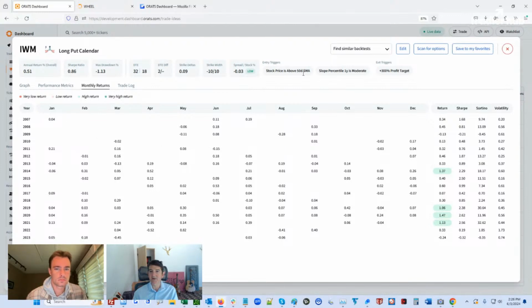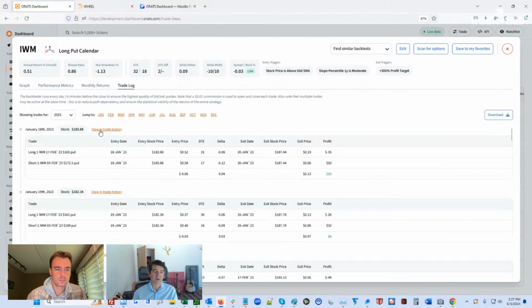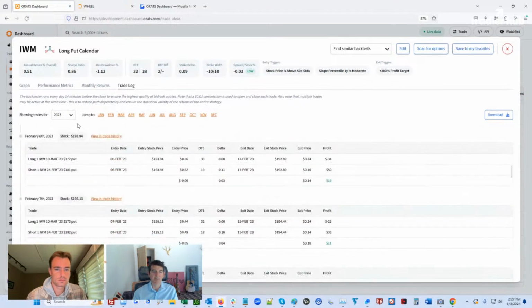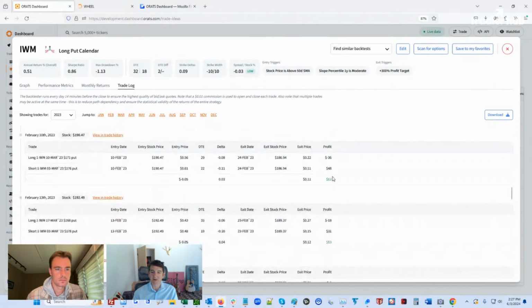That's because this particular group of indicators weren't being met during those times. And you can see in the other months how you did. And then, of course, you can always see the trade log, how they're doing. I like to just scroll through the years and see, hey, look at the wins.